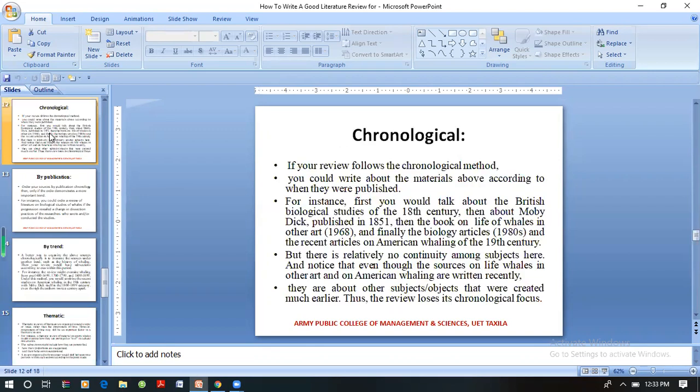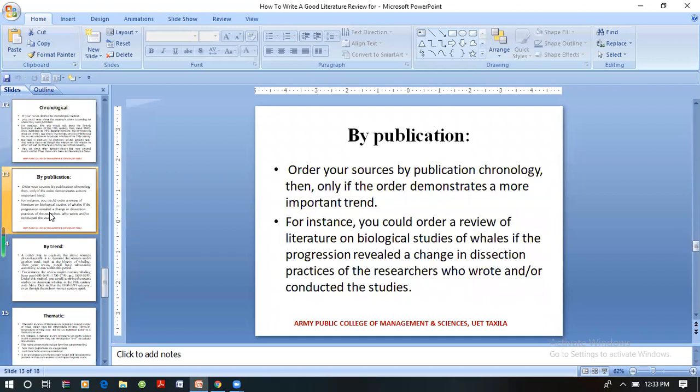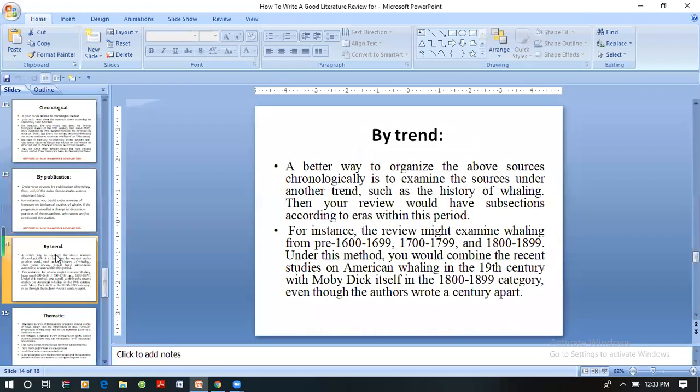That is the explanation for the chronological model, which you can follow with the help of the publication. I have one question here: can we use a thematic model in a chronological model? Yes, sir. The chronological model is about what is happening in the present state, so we can use it.